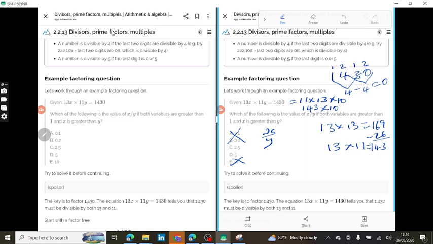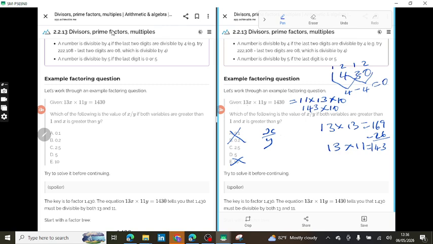When you go to an exam like this and they say number without defining what type of number, integers, whole numbers, all of them are included. So it means 4 and 2.5. But what they're asking is, if both variables are greater than 1, which of the following is the value of s over y? Another pair that gives us 10 is 2 and 5, right?